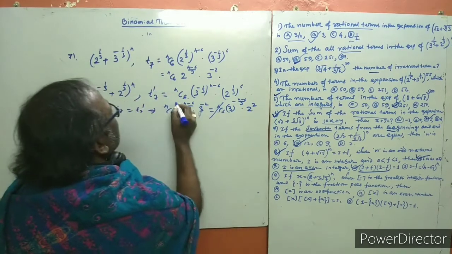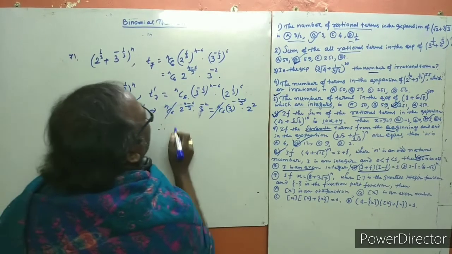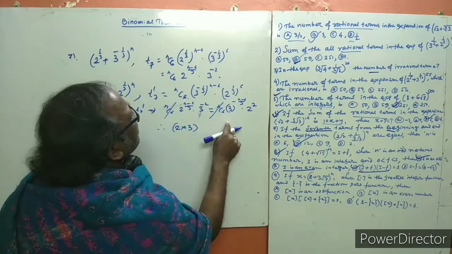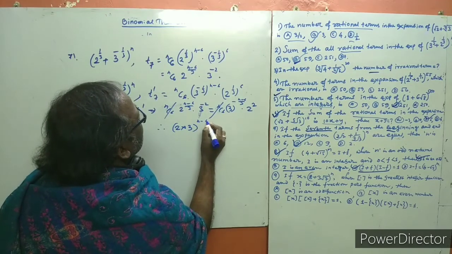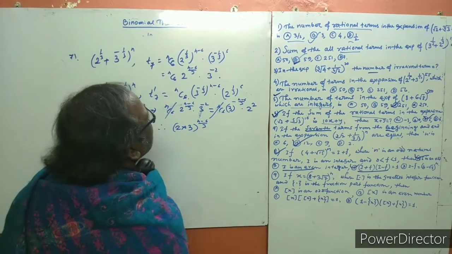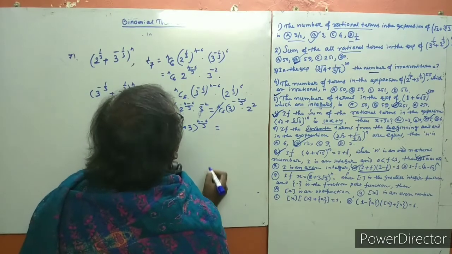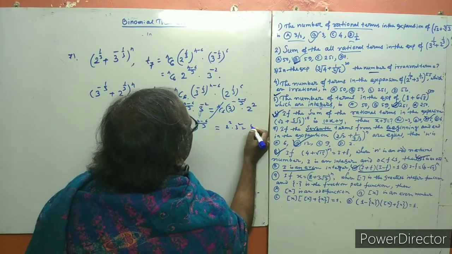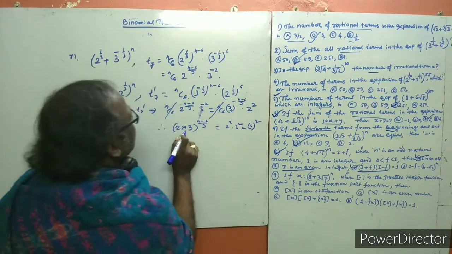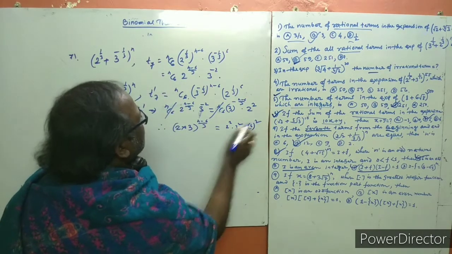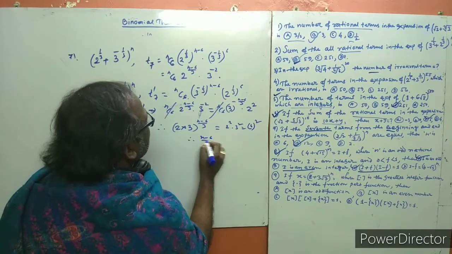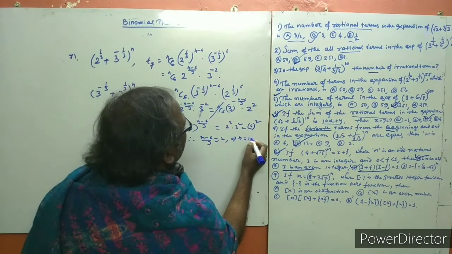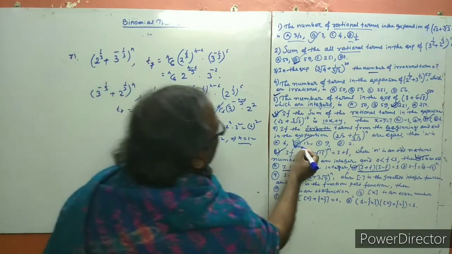Now the nC6 cancels. Moving terms across, we get 6 to the power (n minus 6) by 3 equals 6 to the power 2. So the powers are the same: n minus 6 by 3 is equal to 2. So n is equal to 12.